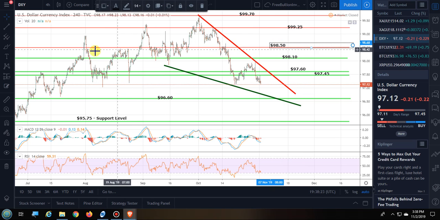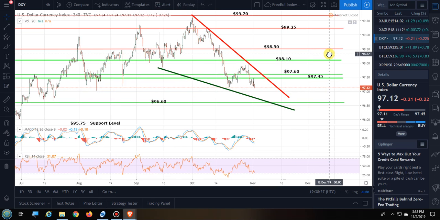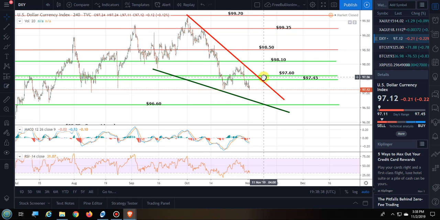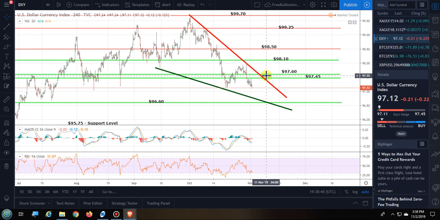98.50 is pretty good resistance, and I would definitely look for the dollar not to break much higher than that, because it really has no catalyst to do so unless we have a positive trade deal come out of some sort.